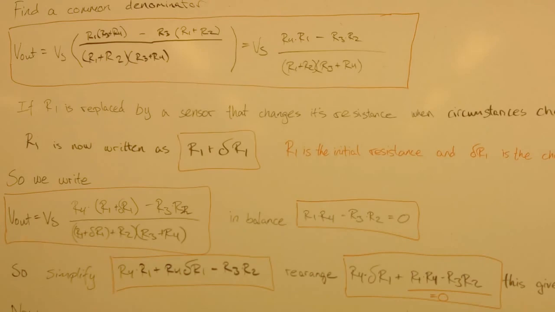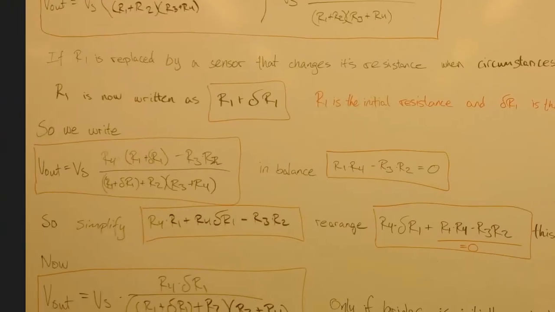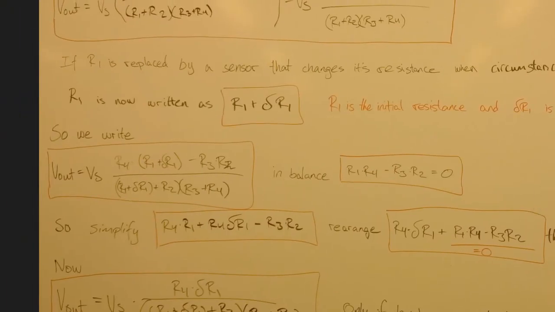Now, if we keep this where it is and then say that we want to replace one resistor, R1, by a sensor that changes its resistance when the circumstances change, like a temperature sensor of some kind that would change its resistance. Then instead of R1 in the equation, we now write R1 plus the change in R1.